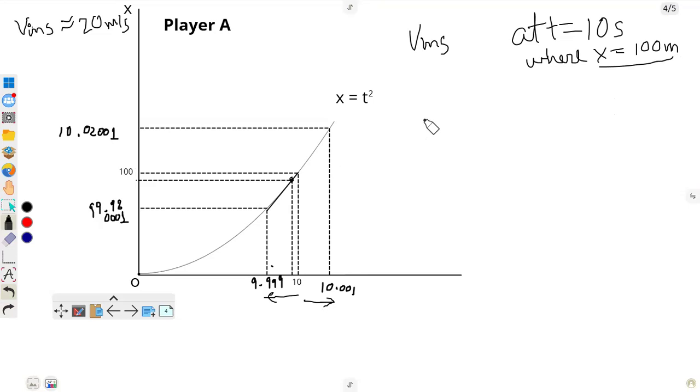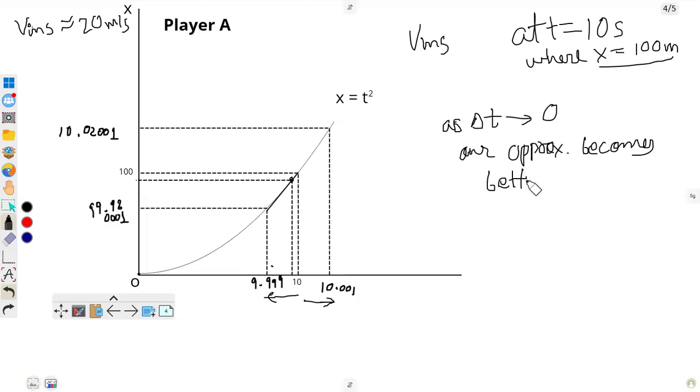and we inferred from all our experiments that as delta t tends to zero, our approximations become better and better.